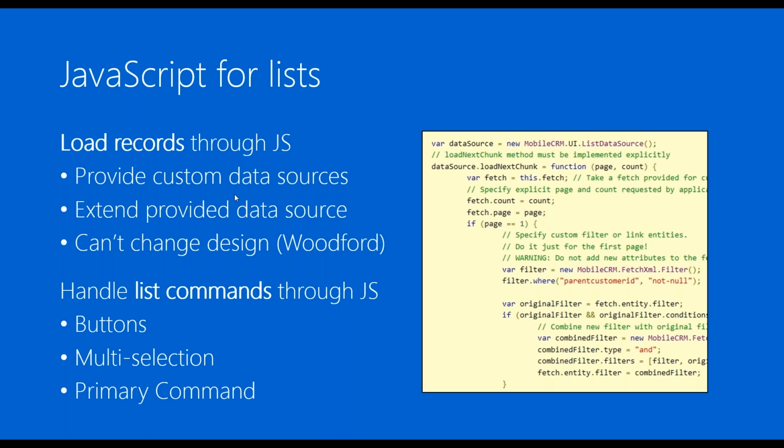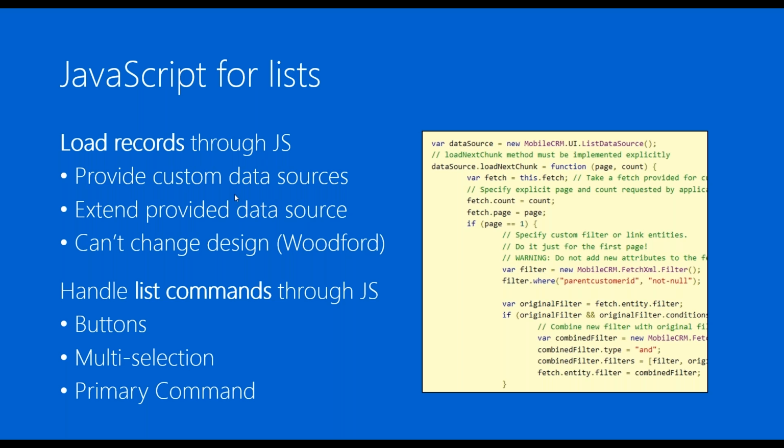You just can't change the design. That design is defined in Woodford. You can also handle all the list commands. So when someone clicks on a button in the list, you can define in JavaScript what will happen. You can even define the multi-selection command and basically in JavaScript handle what happens.